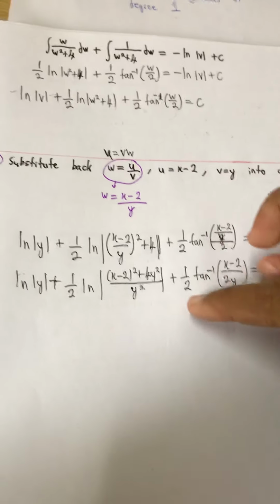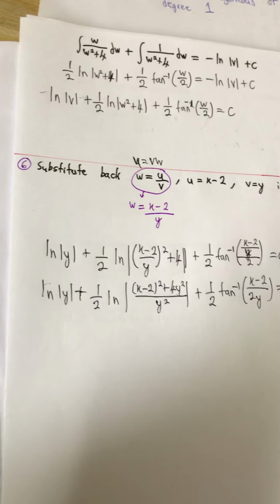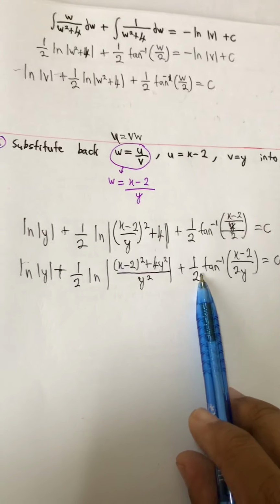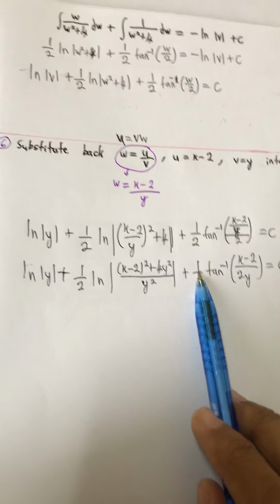So to simplify this, we can multiply each term by 2 to make it easier to arrange.